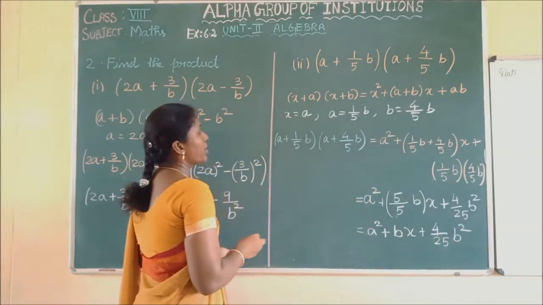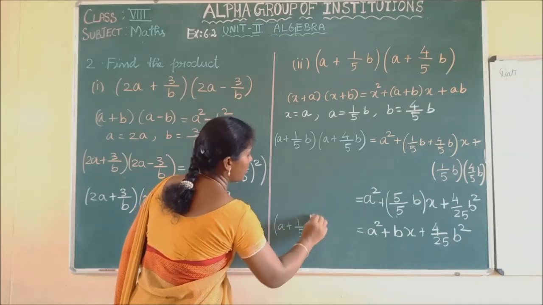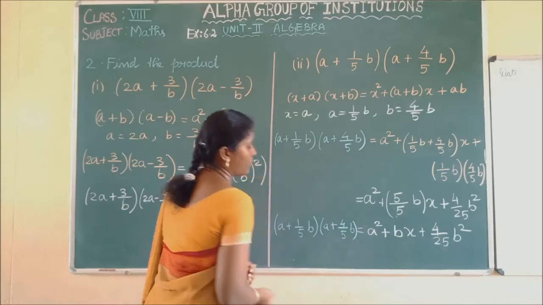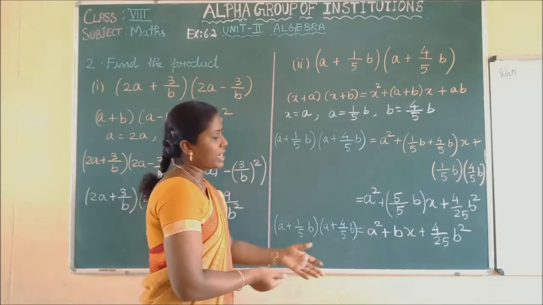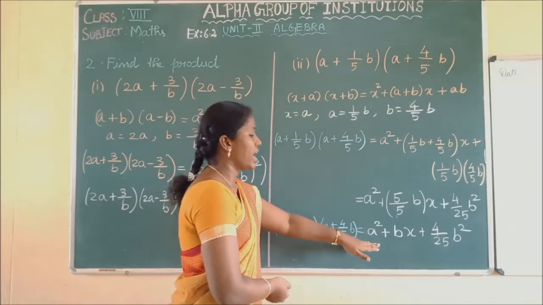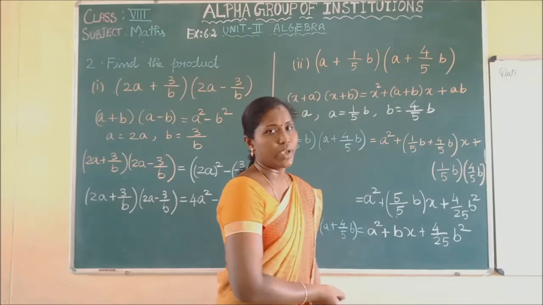So the product of the given question, what is the question? (a plus 1 by 5 b)(a plus 4 by 5 b). If we multiply these two, we will get this answer. By using the identity also, we got the product answer as a square plus bx plus 4 by 25 b square.